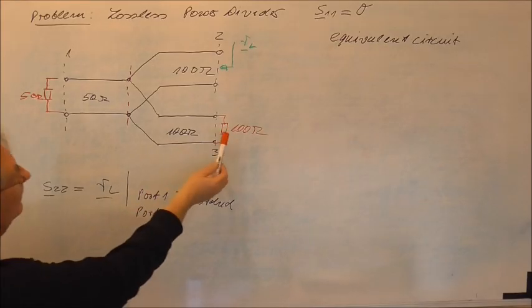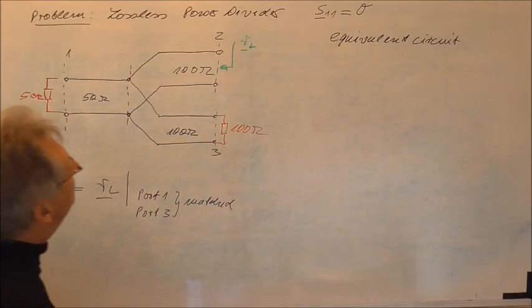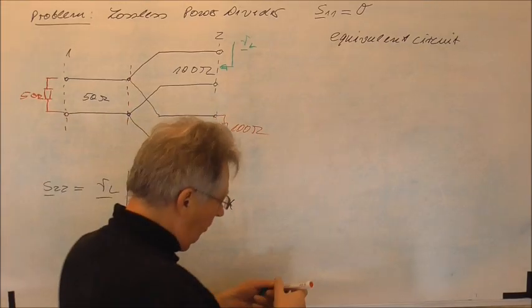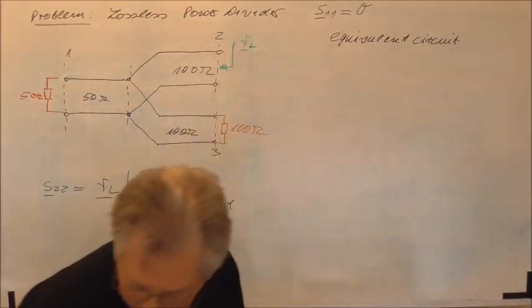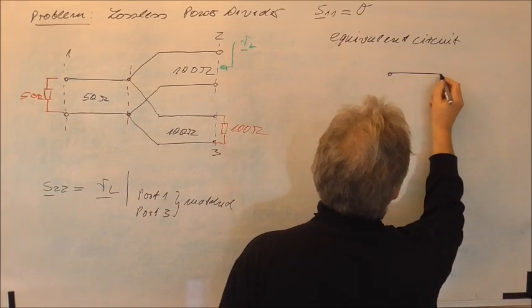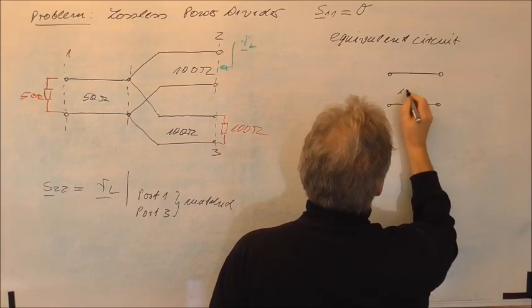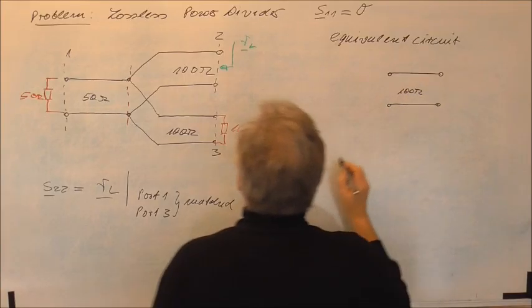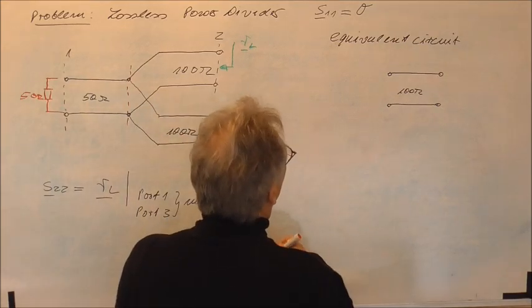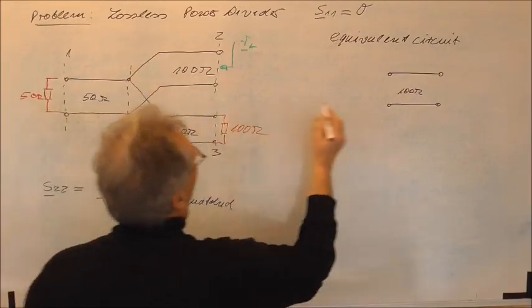So you see here, now we have 100 ohm here, a 50 ohm here, and I want to sketch it now like this. I have here a transmission line of 100 ohm, and again we have now two resistances in parallel in this plane here.